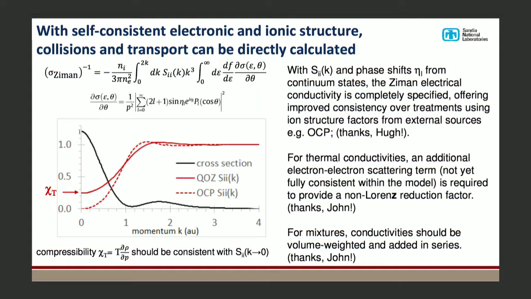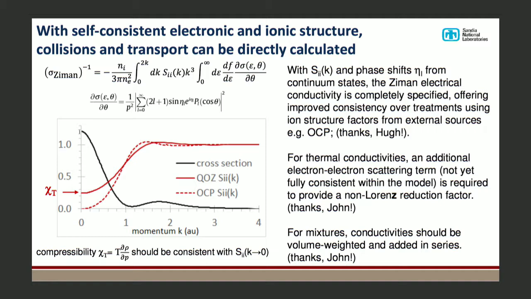So, okay, we have this model. It's got electrons, it's got ions. What else can it give us? It turns out quite a lot. There is a commonly used formula for the transport properties, the electrical conductivity of a plasma, that depends on the electronic wave functions, that feed into a cross-section that tells you how much things scatter and collide as you're trying to move particles through a field in a plasma.